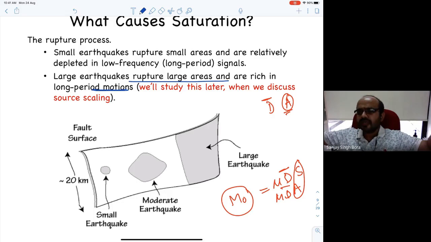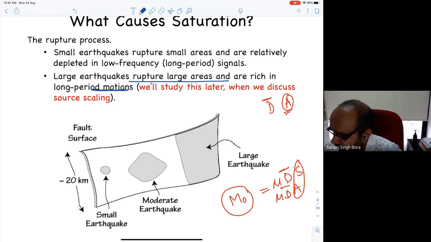Think of it like a large scale feature, which means the wavelength is large. When the wavelength is large, the frequency is smaller. Whereas smaller earthquakes generate more high frequencies. They do not generate low frequencies in the signal. Right? This is important to understand.